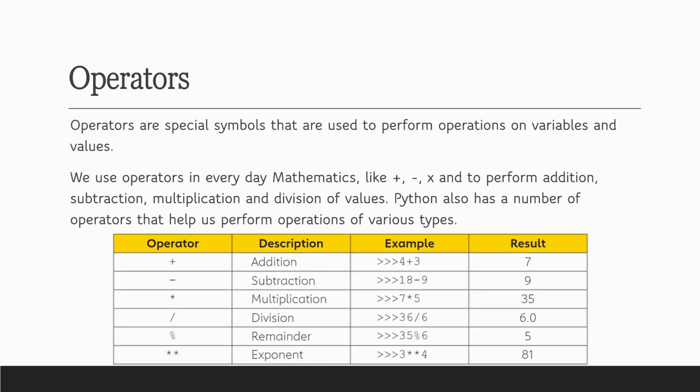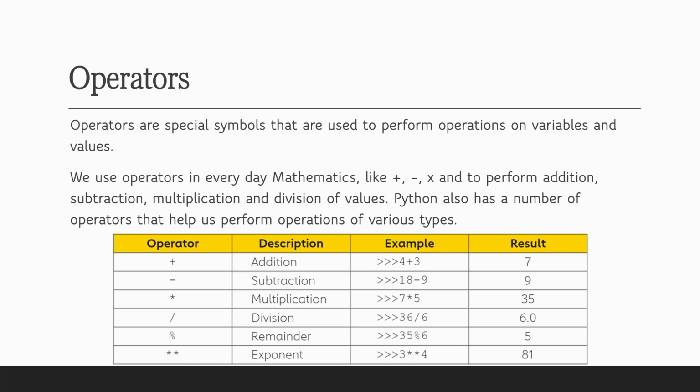Now we will be describing operators. Operators are special symbols that are used to perform operations on variables and values. We actually use operators all the time in our daily mathematics. For example, the plus sign is used for addition, the minus sign for subtraction, the multiplication sign for multiplication, and the division sign for division.